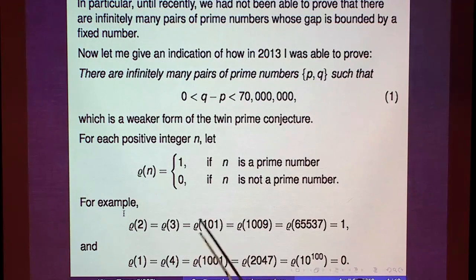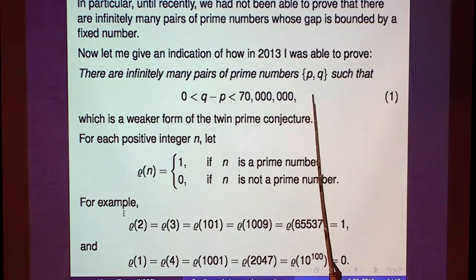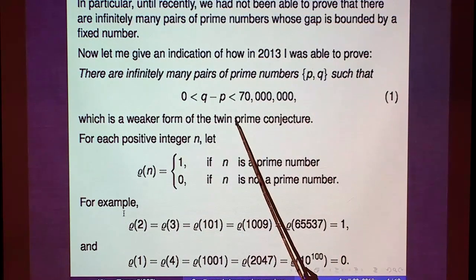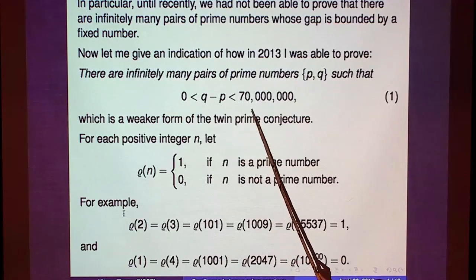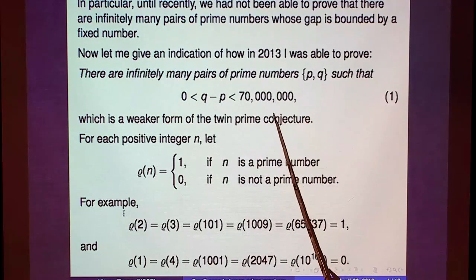The statement now says there are infinitely many pairs of prime numbers, say P and Q, such that the gap between these two numbers, of course P is not the same as Q, so the gap is greater than 0, but it is strictly less than a certain constant. That is 70 million.